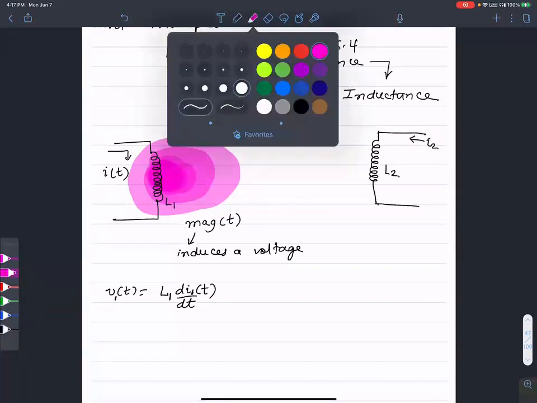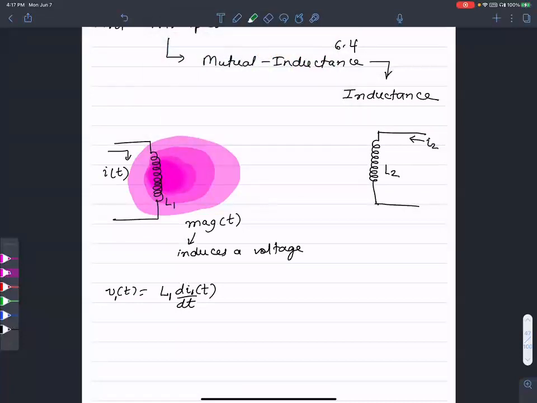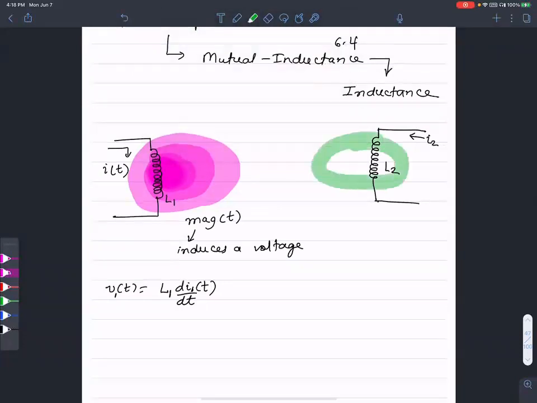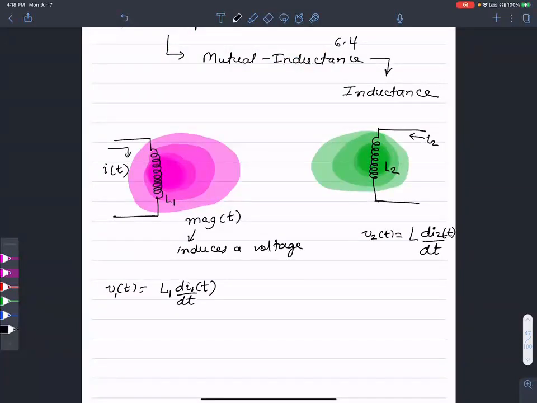Now this inductor sets up a magnetic field of its own. So this induces a voltage v2 of t, that is L2 di2 by dt. Now, the idea is simple.